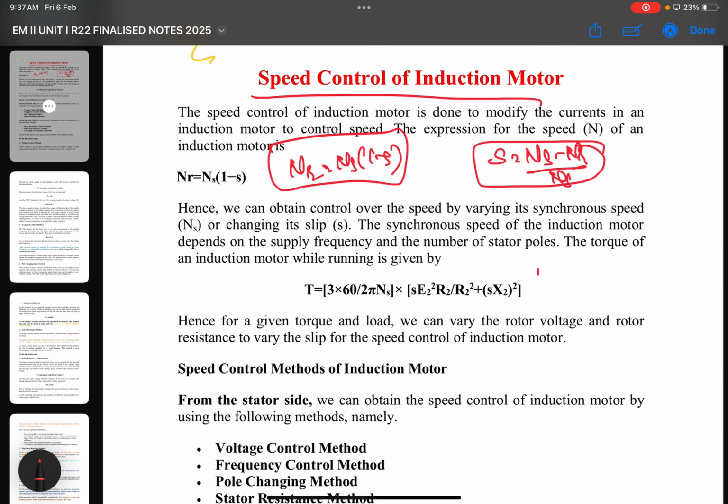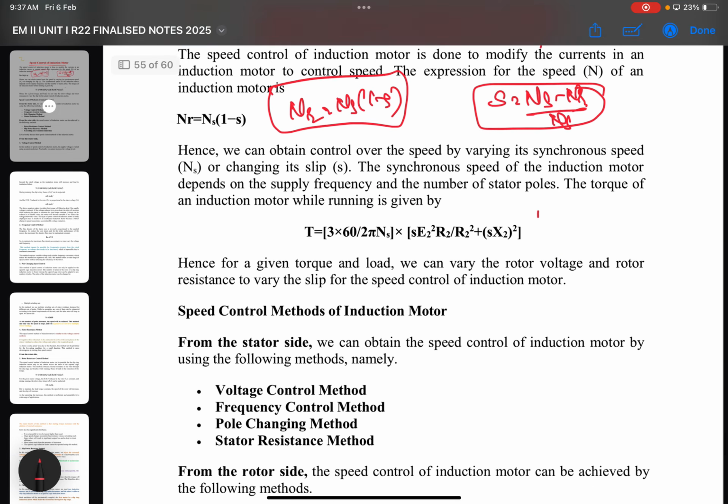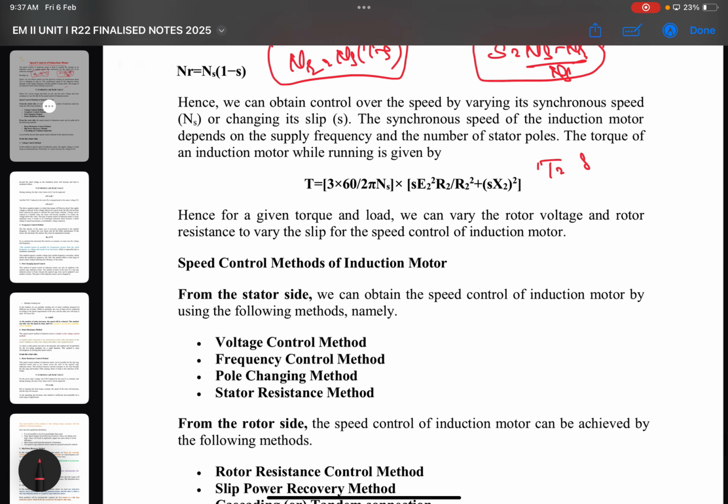We also discussed the torque formula in detail: torque equals 180 by 2 pi ns into s e2 square into r2 by (r2 square plus (s x2) whole square). This is the torque equation, and from this we have derived many other torque terms, such as starting torque, full load torque, and maximum torque.